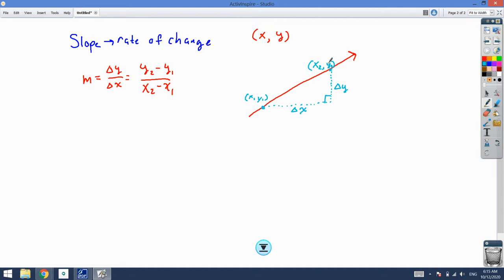So, as I said, you have the slope being the average rate of change, and then we have also our y-intercept, being where the line crosses the y-axis.